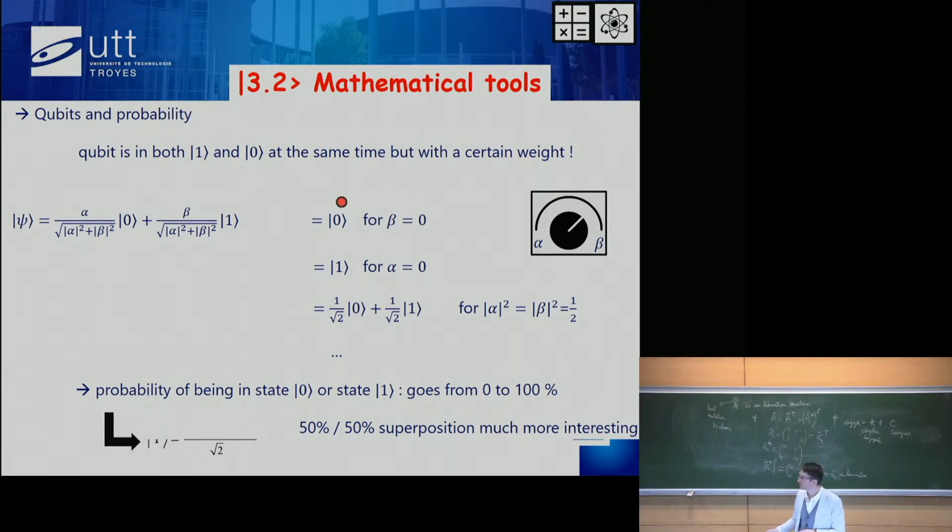You don't know if you will have 0 or 1 because it's both at the same time. What you can tell, though, is that as you move your dial, you can change it so that one is perhaps more probable than the other. Or in this case, both are equiprobable, which is, as we will see, the most interesting case, where there is an equal probability of having 0 and 1.